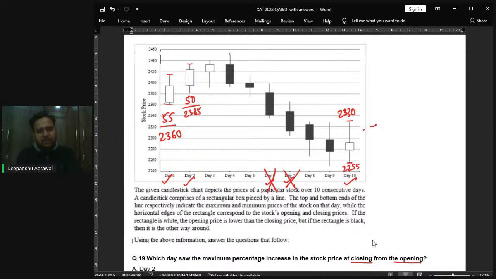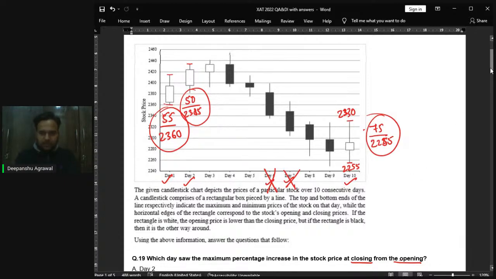So this would be a difference of 75 out of 2255. Right. Now we have to find which one is maximum. We have seen that the maximum percentage increase from closing to opening time are this, and this.